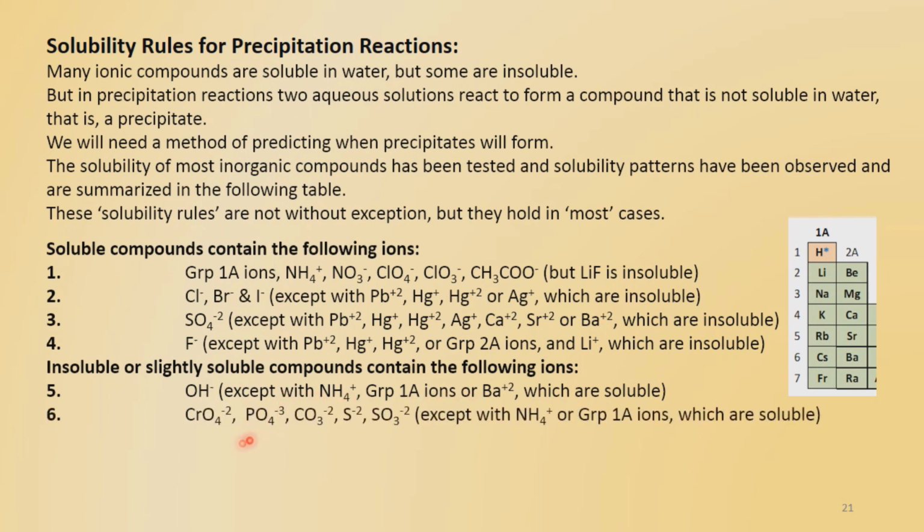And finally, all chromates, all phosphates, all carbonates, sulfides, and sulfites are insoluble in any of their compounds unless they happen to be combined with ammonium or the group 1A ions, in which case they're soluble. And we define solubility in this way. Less than 1 gram per liter is considered insoluble. Slightly soluble is 1 to 10 grams per liter, and soluble is more than 10 grams per liter.